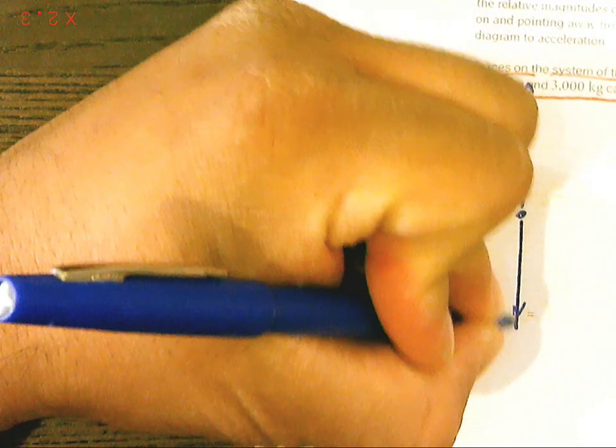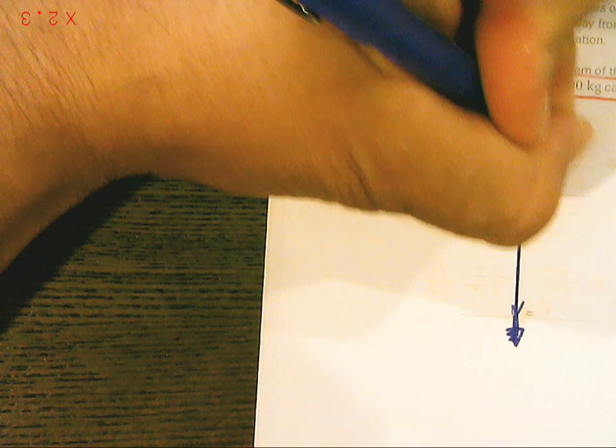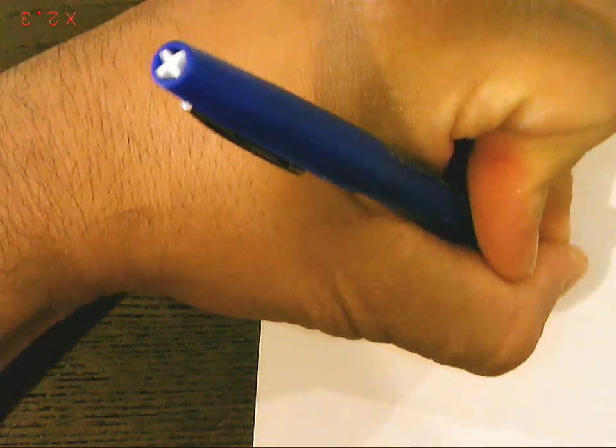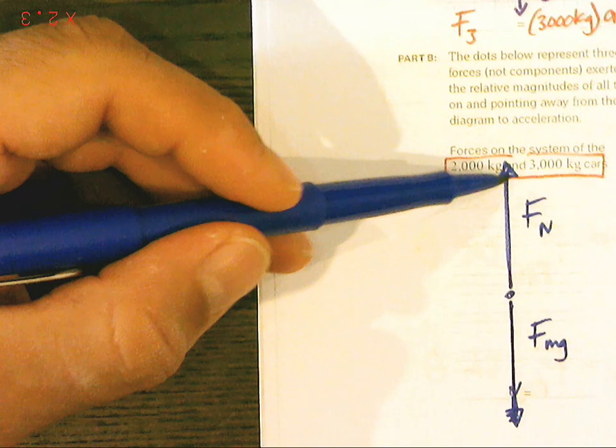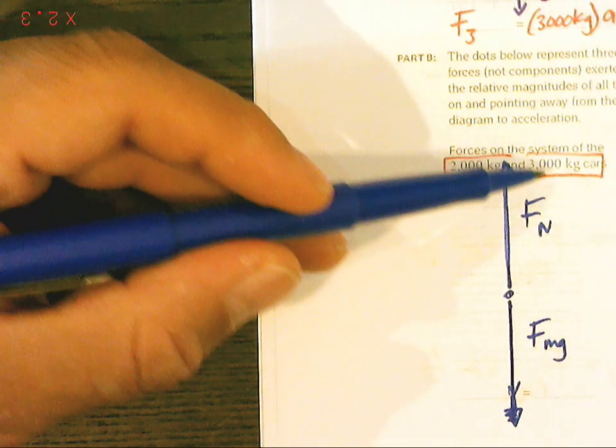I'll make sure they're equal and opposite in magnitude. These need to be equal in magnitude but opposite, because this represents the normal force and the force of gravity, mg, on an entire system of 5,000. Since it's the 2,000 and the 3,000 at the same time, this is 5,000.